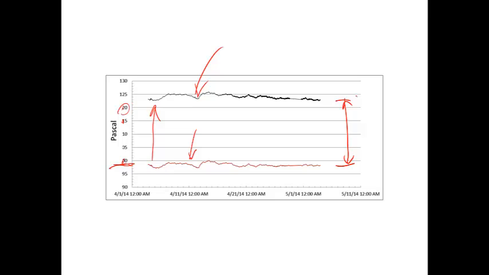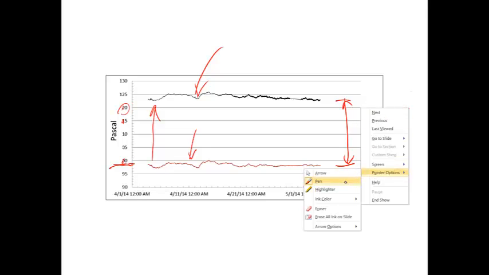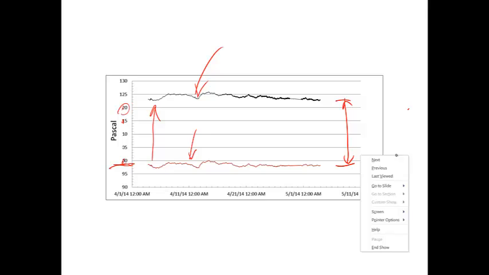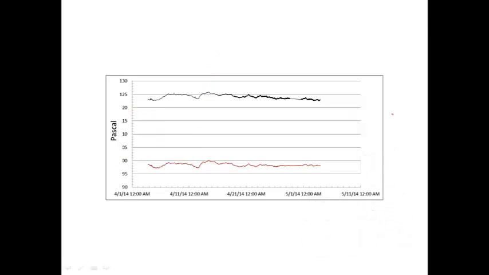And then the other thing that you should take a look at is the major features in both of these curves are similar. See how this one has a little pointy place that drops down.